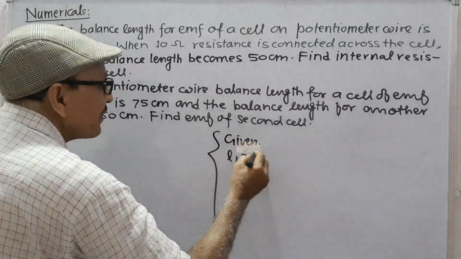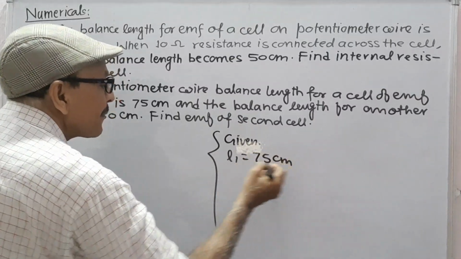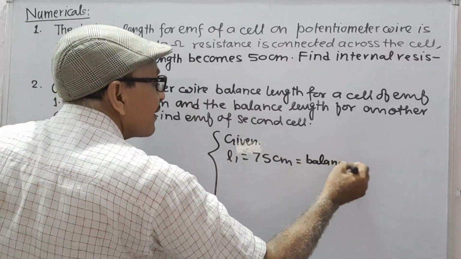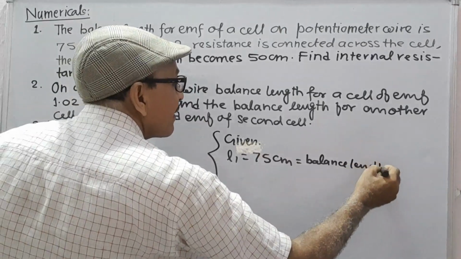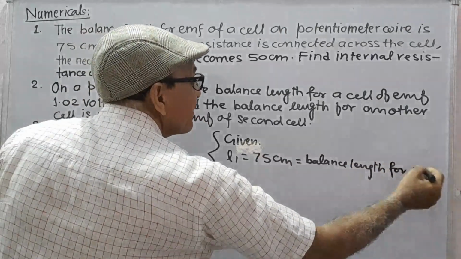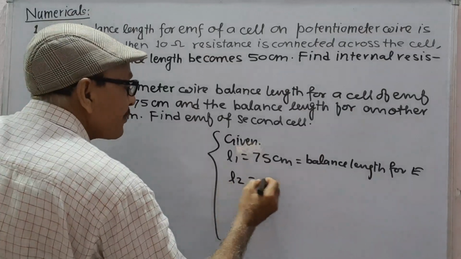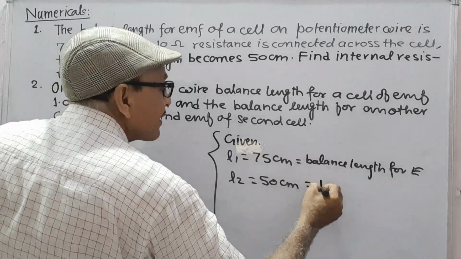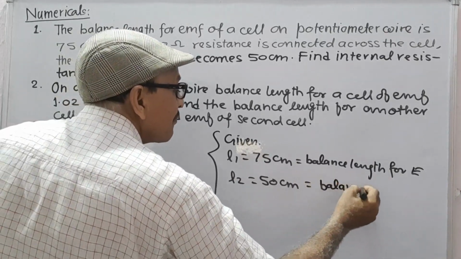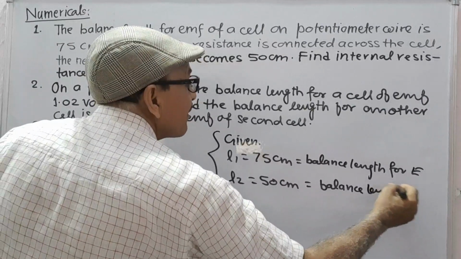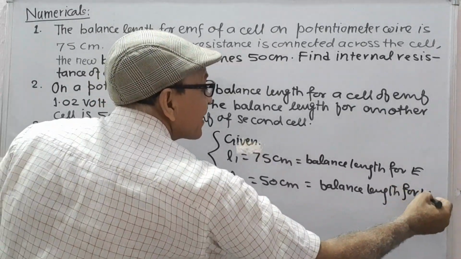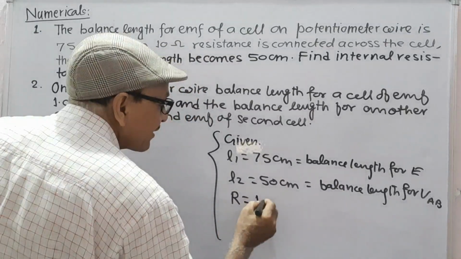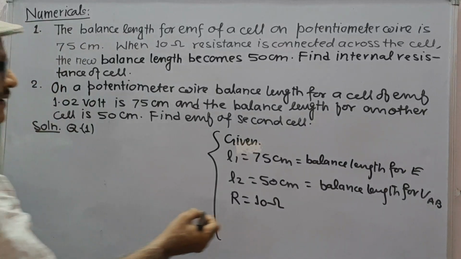Given L1 is equal to 75 cm, this is for EMF E, and L2 is equal to 50 cm. This is balance length for terminal potential difference V_AB when resistance R of 10 ohm is connected across the cell.